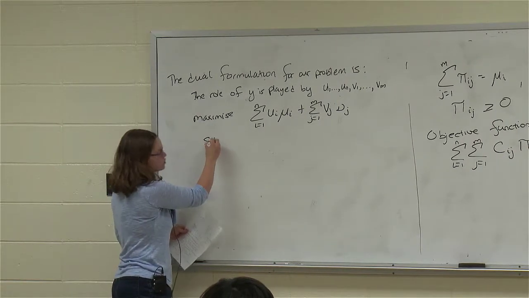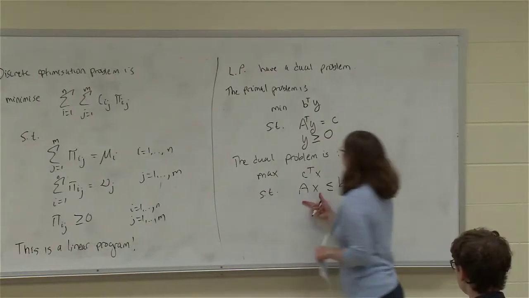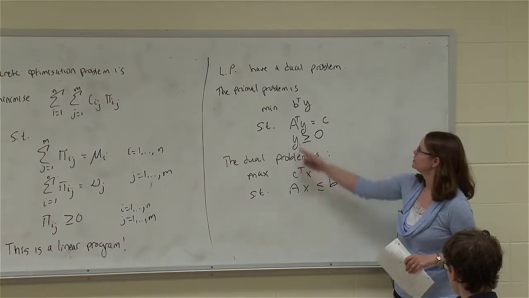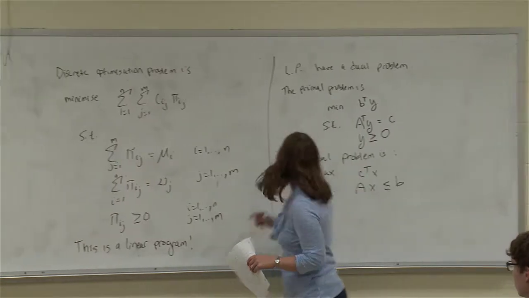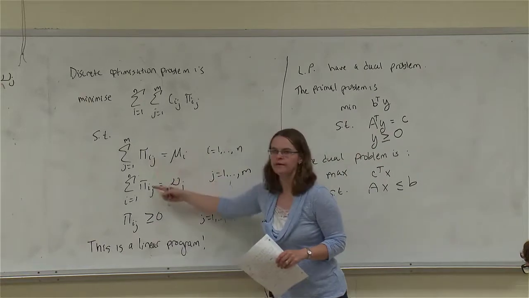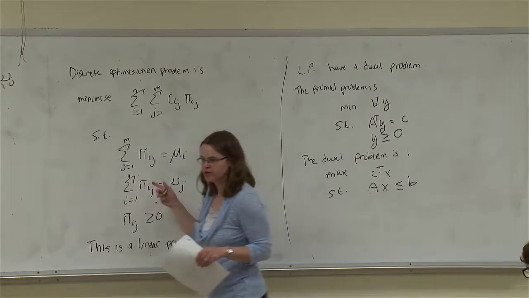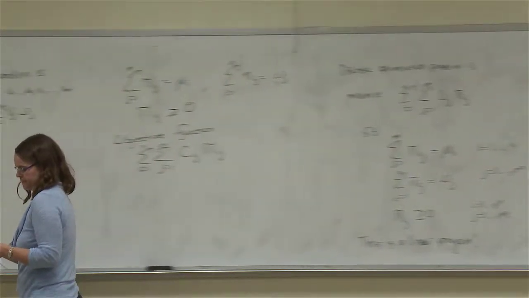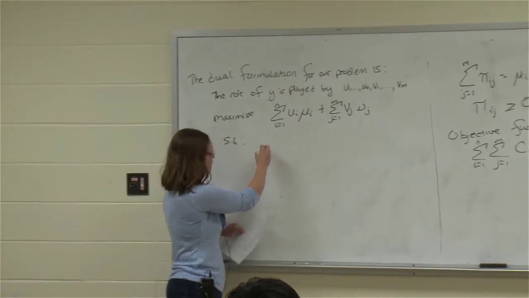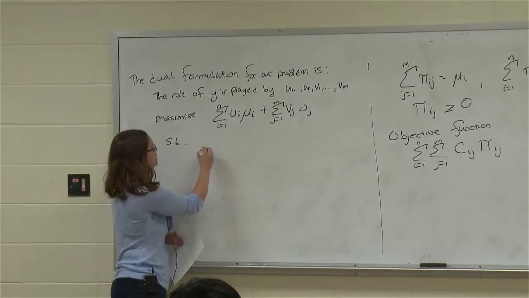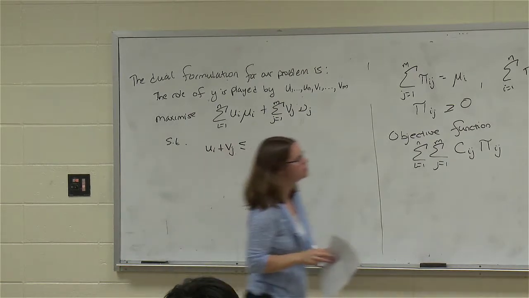Okay, and then we're going to have some constraints. What were our constraints? Our constraint was an inequality condition, Ax less than or equal to b, where A somehow shows up in our equality constraints here. And here, we're just adding up. A is trying to just add up everything. Okay, so again, ui plus vj is less than or equal to b.